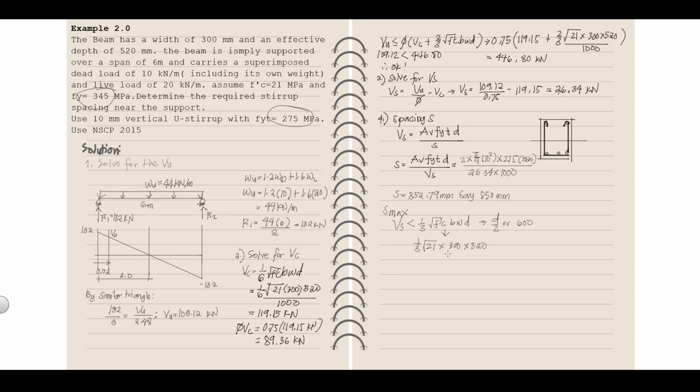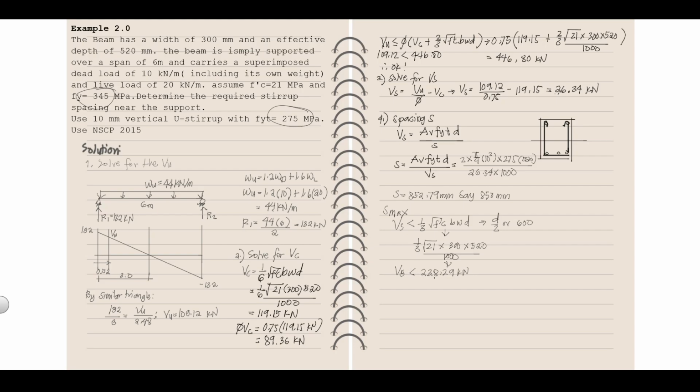And then, don't forget to divide this by 1,000. So, 1/3 times square root of 21 times 300 times 520, divided by 1,000. So, that's 238.29 kilonewton.